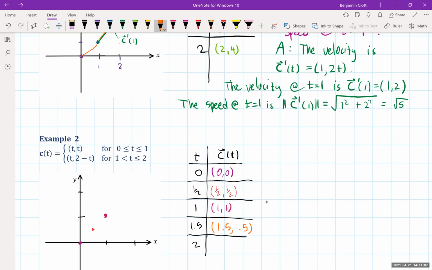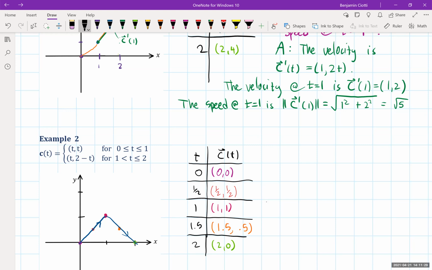And at t equals 2, I get 2, 0. Connecting the points, we can extrapolate that the path looks like that.